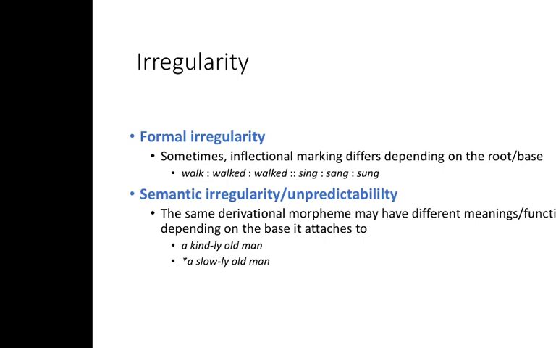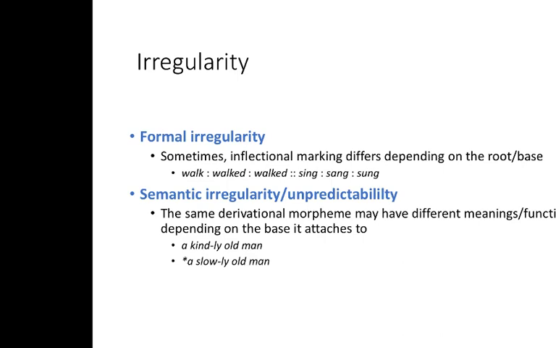Sometimes inflectional markings differ depending on what root or base you attach them to. So you have walk is to walked, as sing is to sang, is to sung. So this is a kind of formal irregularity, or doing something different to accomplish the same end. That can be a problem. There's also semantic irregularity or unpredictability.